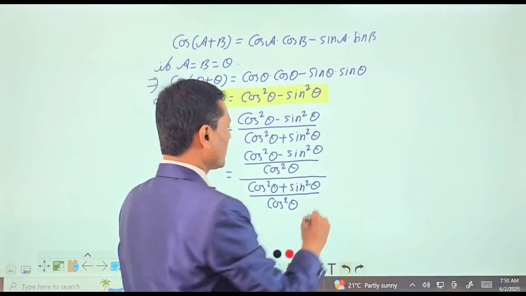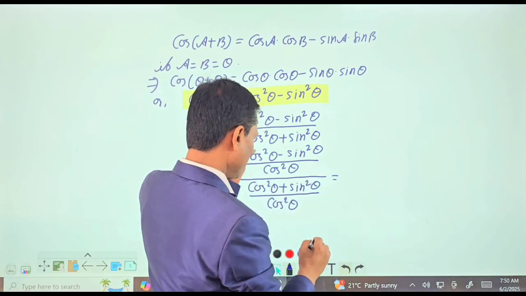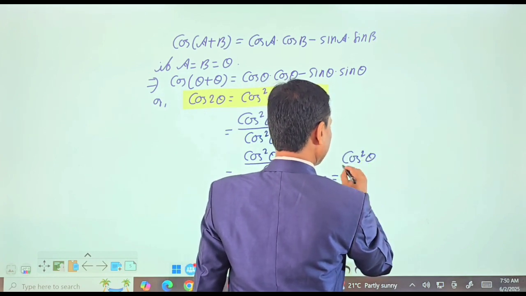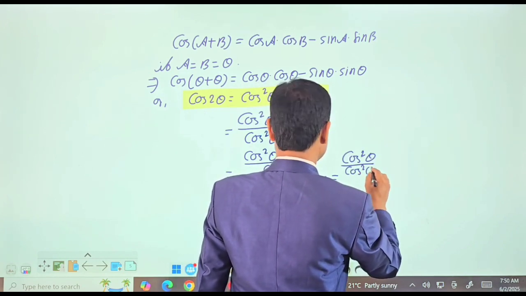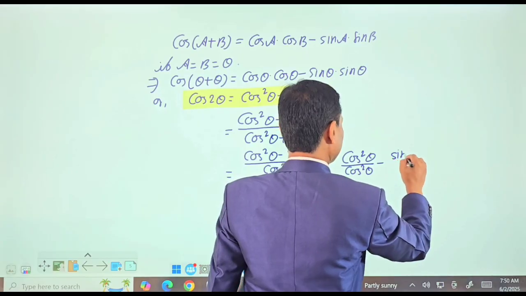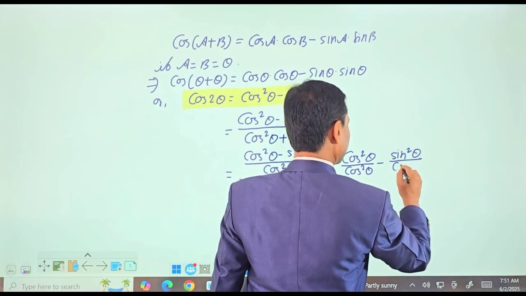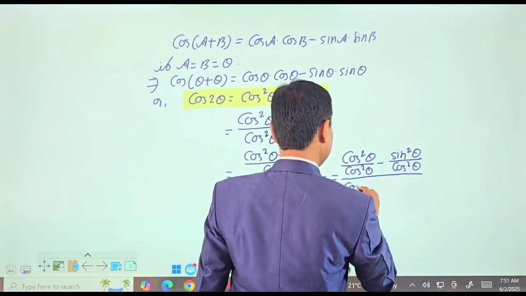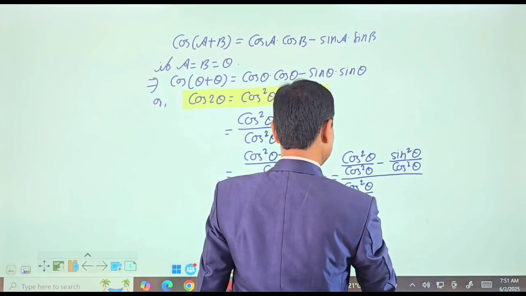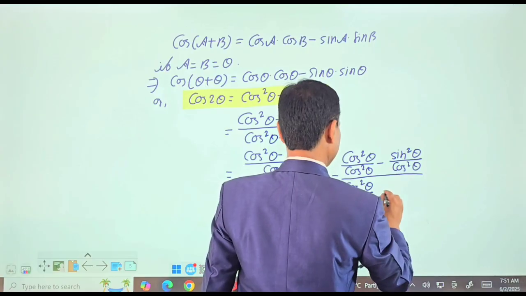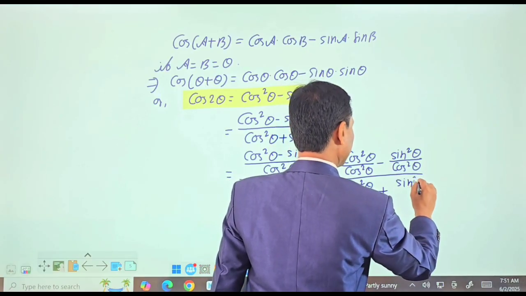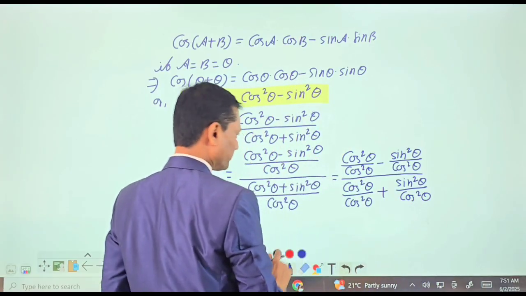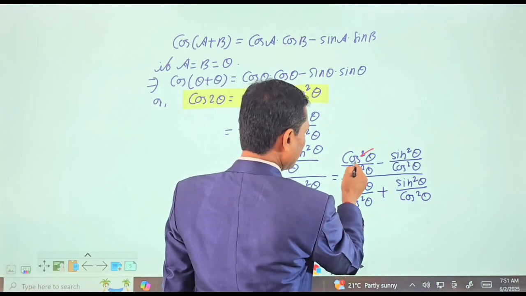Now when we separate the terms, what happens here? We can write cos square theta by cos square theta minus sin square theta by cos square theta. Likewise at the denominator we have cos square theta by cos square theta plus sin square theta over cos square theta, isn't it? Now we can cut cos square and cos square up and down.